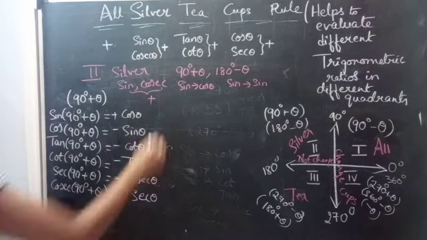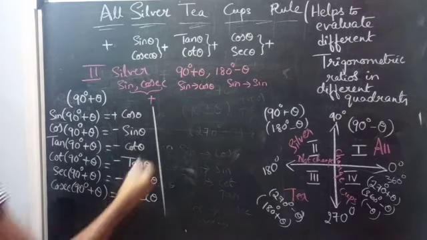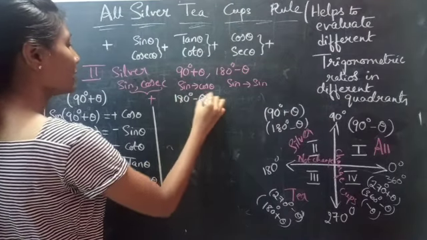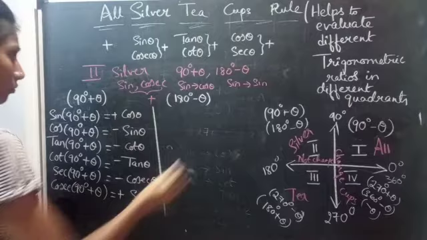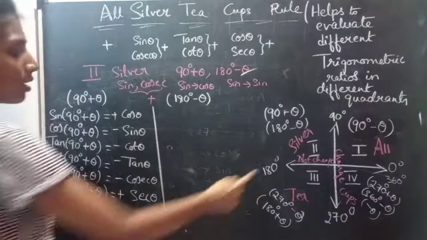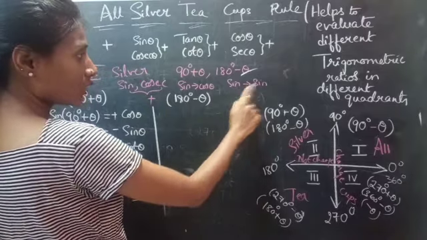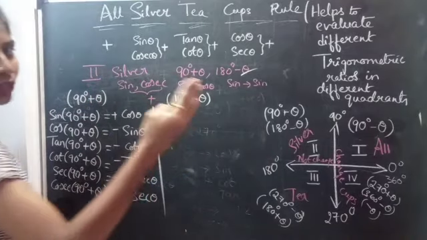Now, let's see for 180 degrees minus theta. 180 does not change, so trigonometric functions do not change. Sine to sine, cos to cos, tan to tan, like that you'll get.